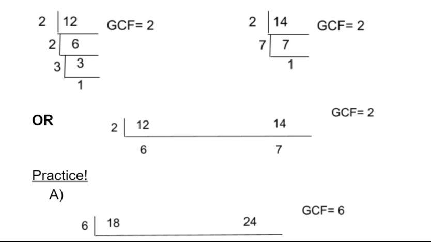Well, there can't really be, because 7 is a prime number and 6 is a composite, so we don't have a number that's going to be able to break down 6 and 7. That's just impossible. So then I look at what I have on the left-hand side, which is 2, so the greatest common factor is 2.